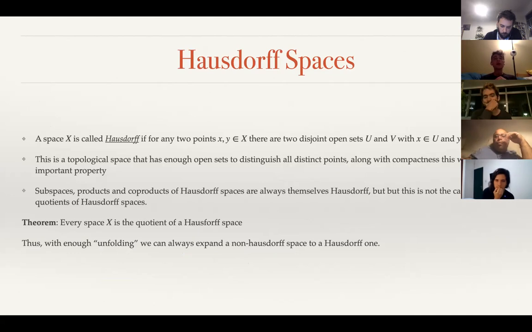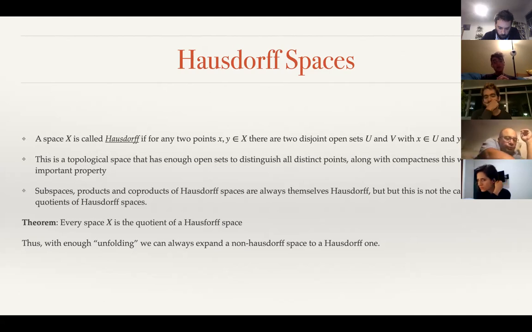You can think of this as any 2 points can be distinguished by some predicate. So there aren't distinct things that I cannot tell the difference between, is one way of thinking about a Hausdorff space. And if we add compactness later, it's going to become very important.